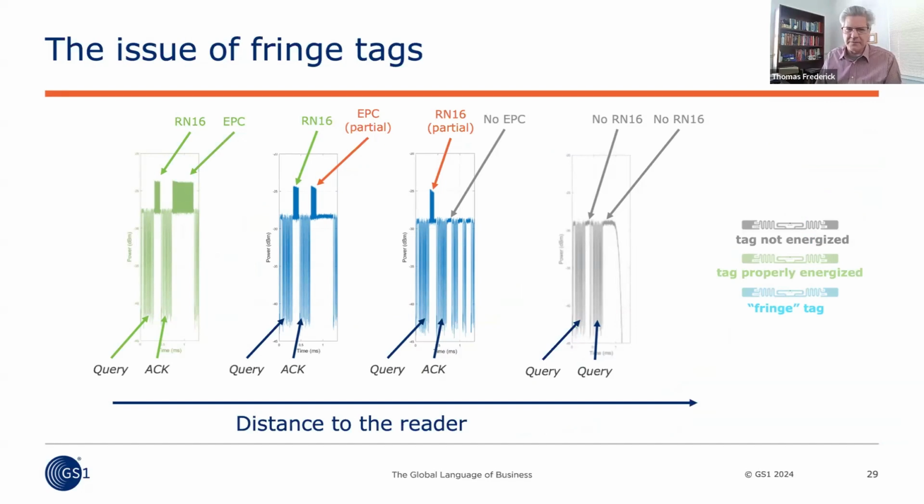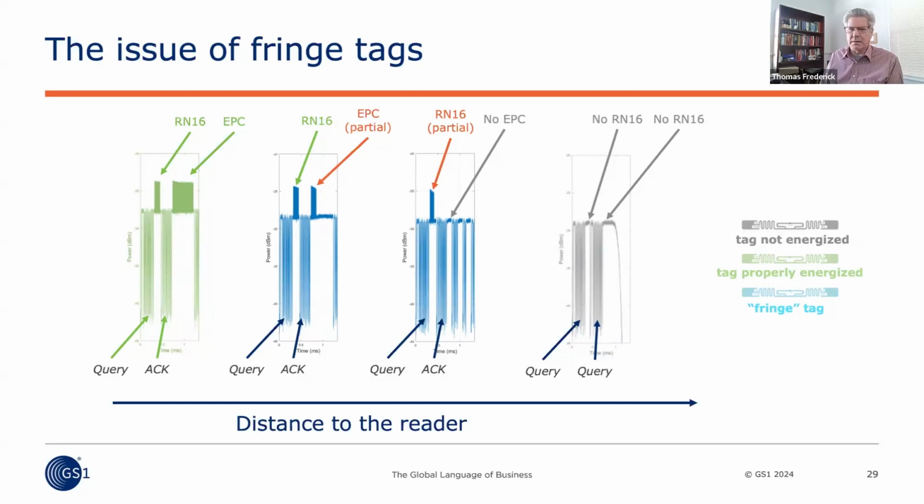So again, from the left, the tags that are well energized are able to respond and give their EPC and then be quieted through the normal defined process in the spec. But as you proceed into the fringe, you get tags that are pretty well energized, but they drop out when they try to send their EPC. Or further out, you get ones that drop out when they try to send an RN16.